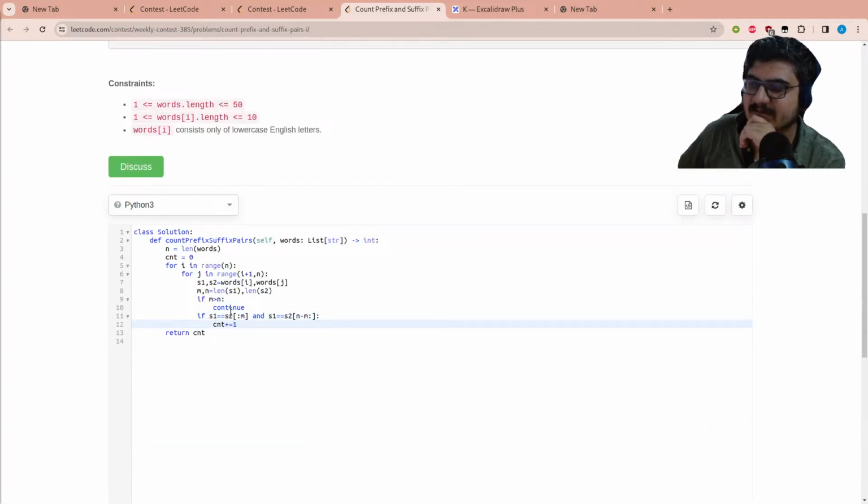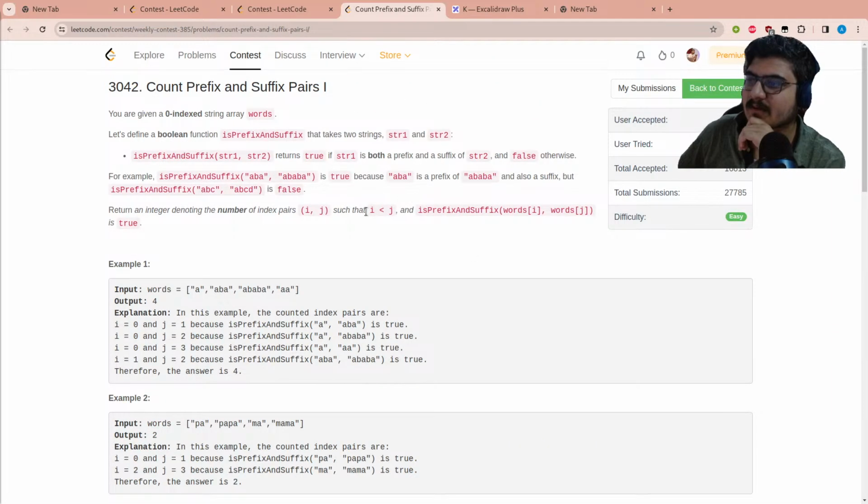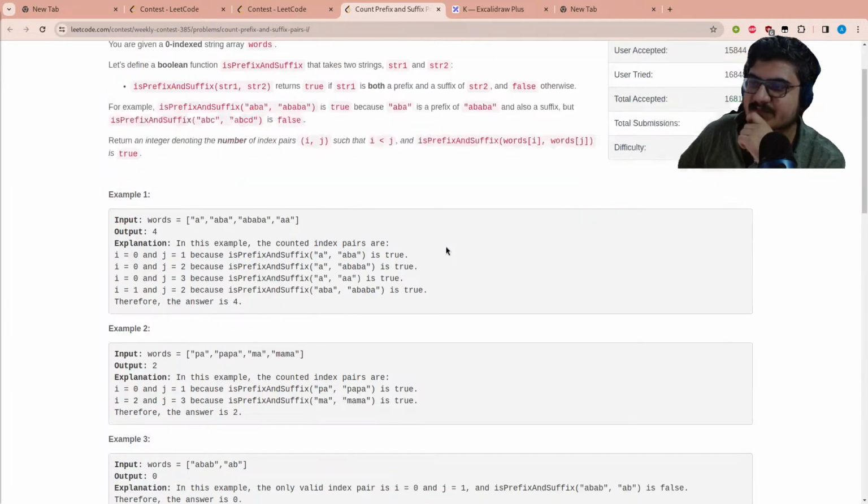Why am I getting this? This should be the first m characters and this should be the last m characters, right? i is less than j, words[i] is both prefix and suffix.